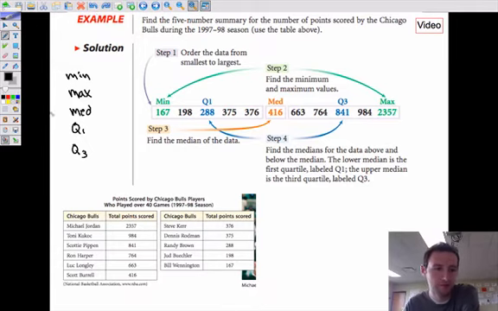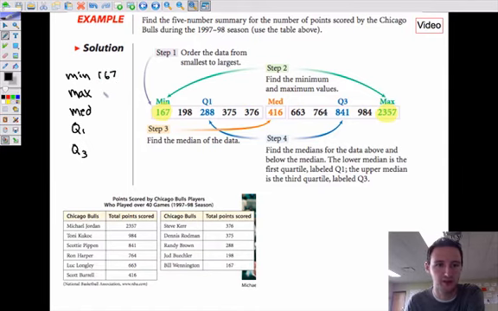If we're looking at a 5-number summary here, the first thing we need to do is order the values from least to greatest, and that was the first thing that got done here. Once we do that, we can easily find that the minimum is 167 and the maximum was 2,357.